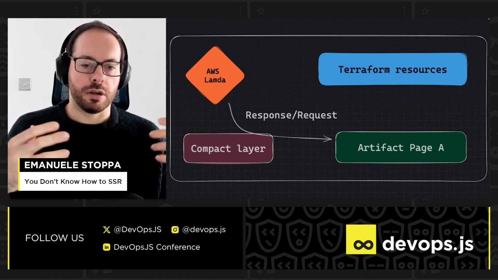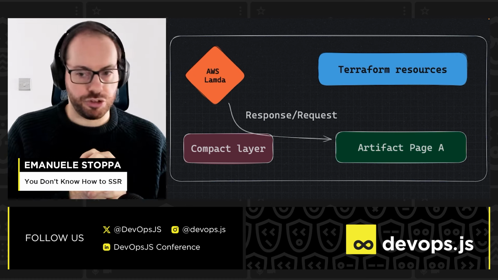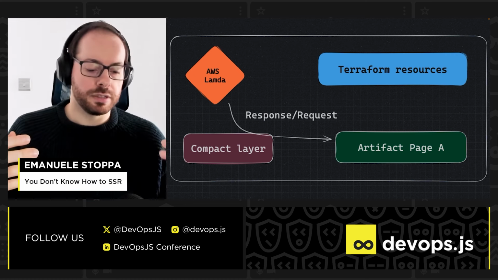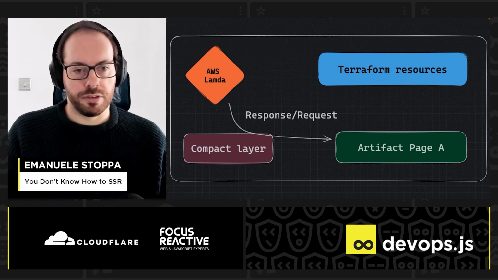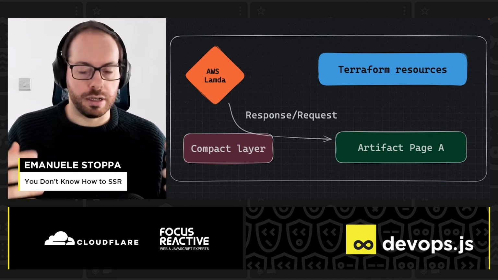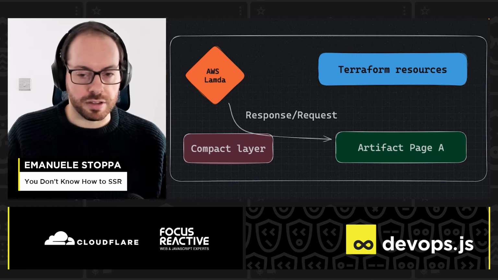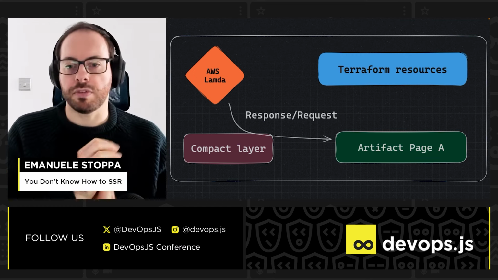And these response requests were passed to the artifact page, because the artifact was not, as I said before, AWS Lambda friendly. It just takes an incoming request, Node.js like. So we needed a compact layer to translate this information.